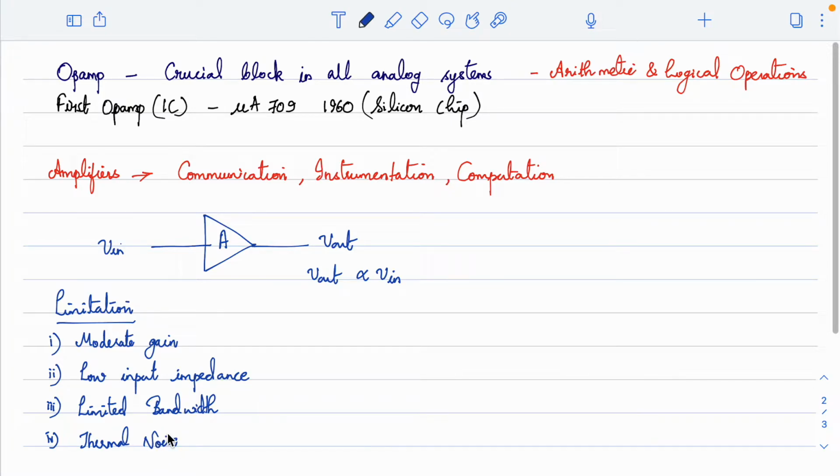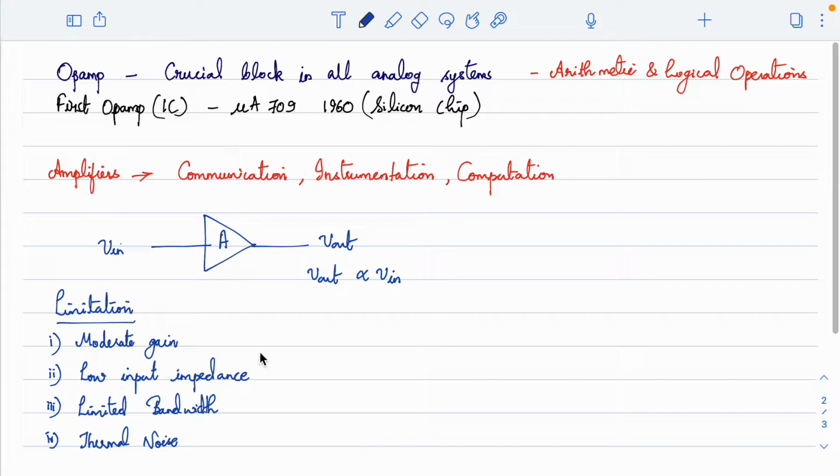The circuit should be immune to the noise, both from the circuit as well as from the surroundings, right? So an amplifier circuit should be capable enough to process a signal without getting affected by the noise, where the signal will be amplified and the noise will be suppressed, so that those things do not appear at the output of the amplifier. So these are some of the limitations we generally observe in the case of discrete amplifiers, right?